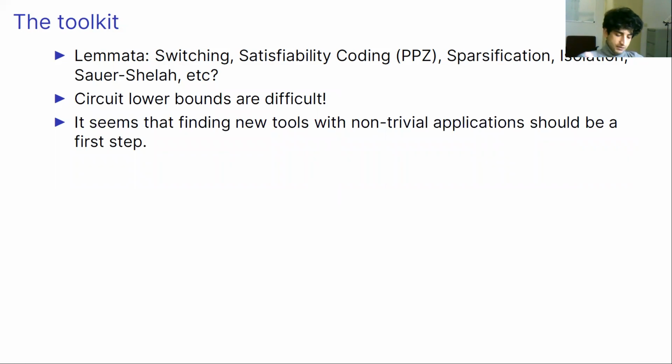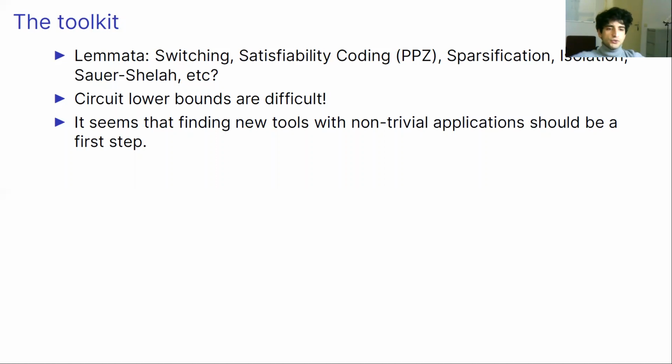It seems, at least to me, that we should somehow accept the difficulty of circuit lower bounds and just try to expand this toolkit, in the sense that if we come up with some tool from which we can prove something non-trivial, I mean, not necessarily beating the state-of-the-art circuit lower bound, but something that you could not prove with the well-known techniques, then this should be considered a legitimate contribution and maybe a first step.